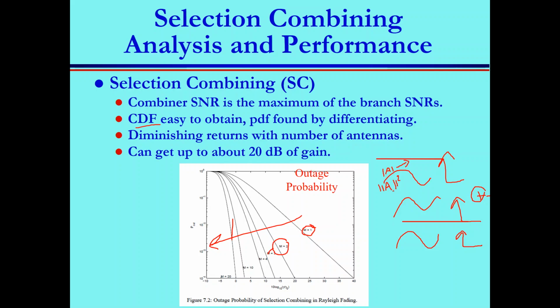From Rayleigh, you go to exponential, and it's the same for all. I go to random probability theory and find the probability distribution of the sum of 3 exponentially distributed random variables. Let's say 3 because we have 3 antennas.